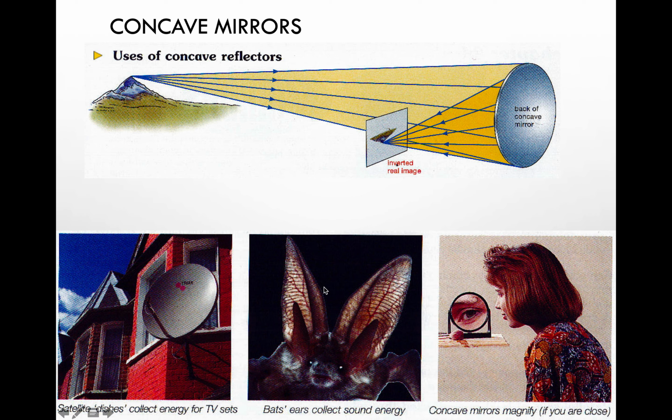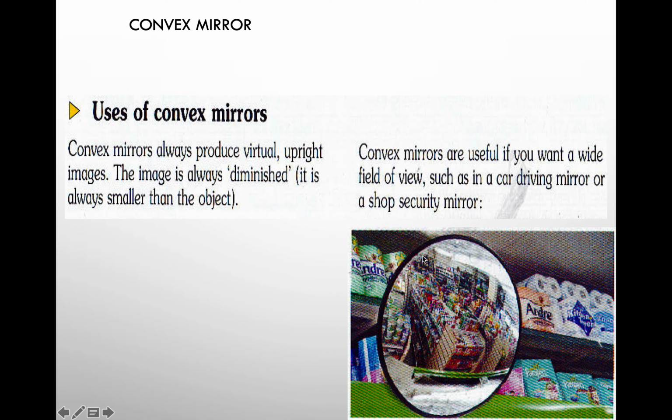Also the bat's ear here is always concave because it's collecting sound energy and sound rays. And concave mirrors are also sometimes used to magnify the images of people when they want to see anything through them, but this happens when you are close.